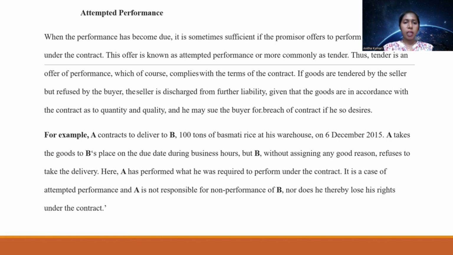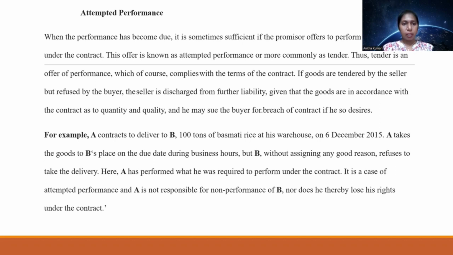She agreed. I handed over the car, but my friend asked for some time. She said, I will give you 2 lakh after 1 week. So in this case, from one party the promise is completed, whereas the other party is yet to complete. This is one example of attempted performance.